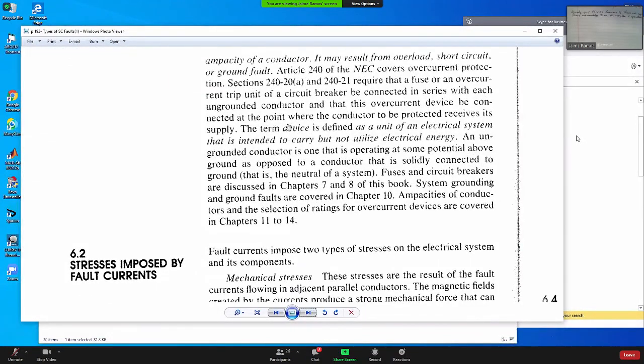Then another definition here, device. A device is a unit of the electrical system that is intended to carry but not use electrical energy. So a device is like a fuse, a circuit breaker.